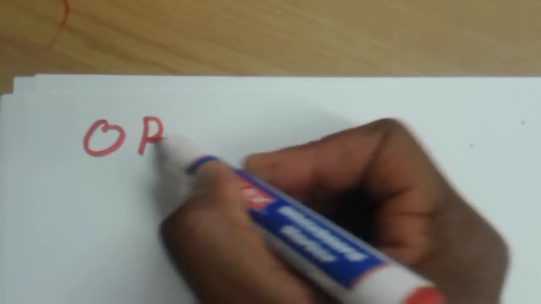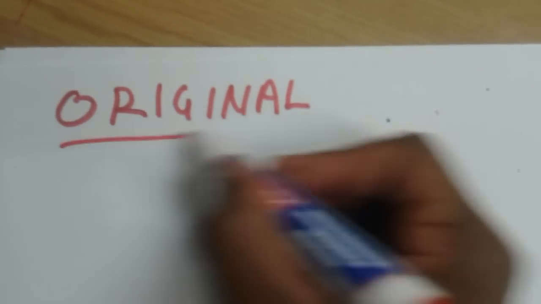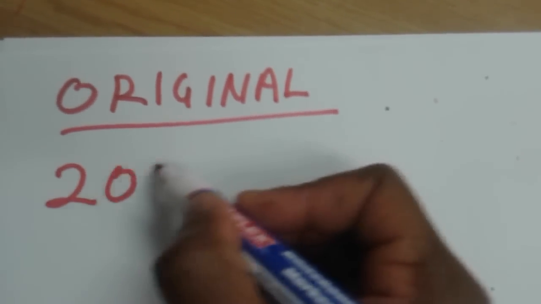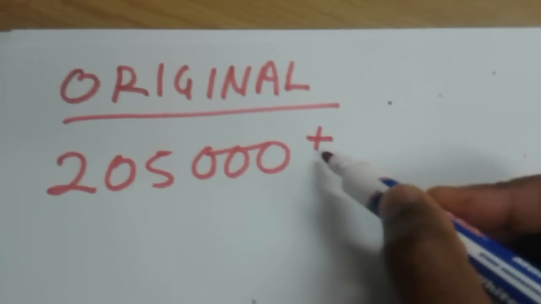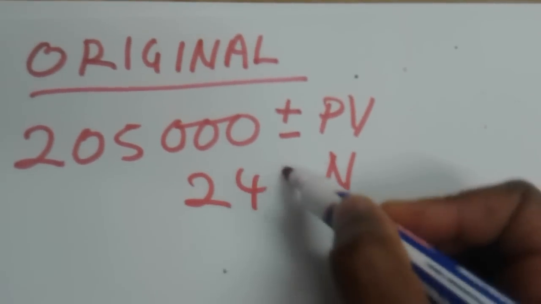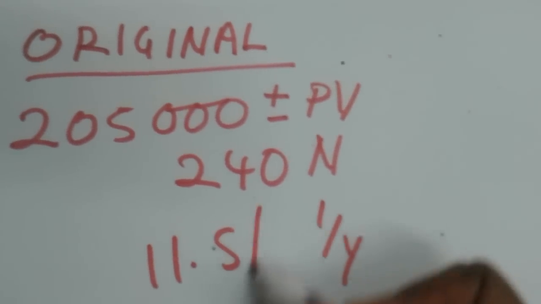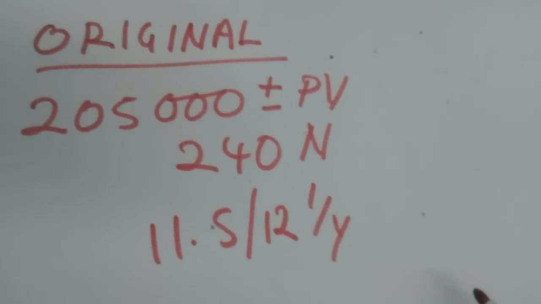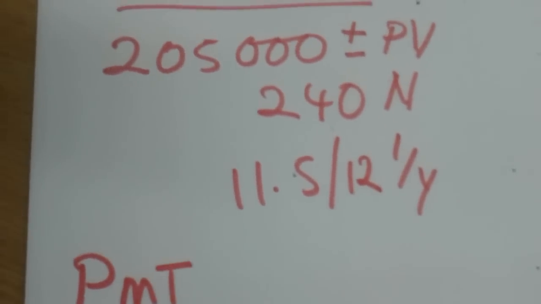So let's use the original information, which is 205,000 plus minus PV. Now remember, the N was 240 when the loan was taken. The I was 11.5 divided by 12, right? And then we compute our PMT.